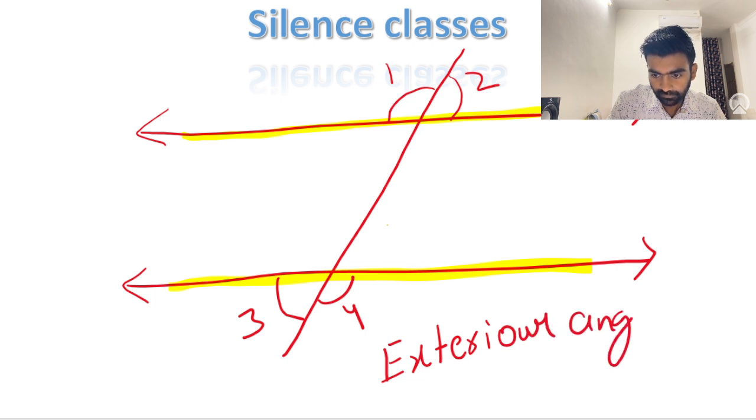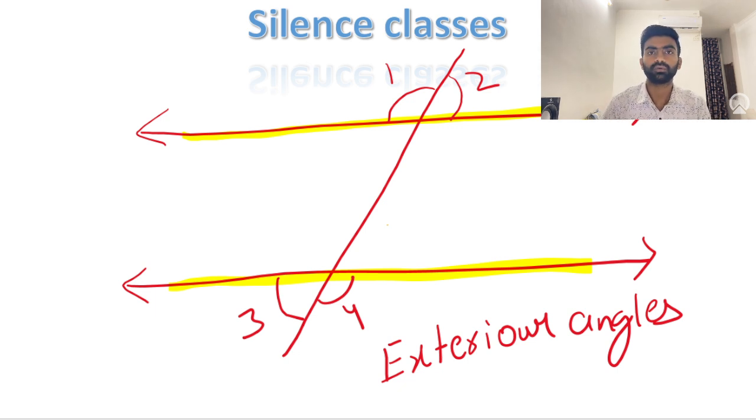They are known as exterior angles because they have free space outside. They can go anywhere like this.